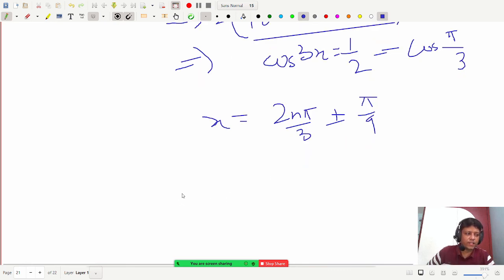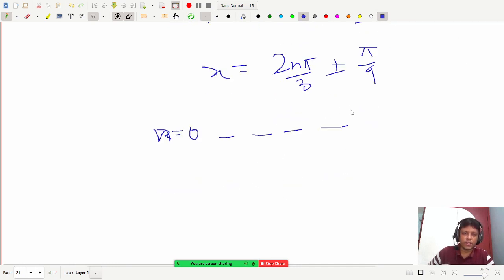And you can consider n equal to 0, n equal to 1, etc. You can consider this and take the sum, and you will find the answer. The sum will be 13 pi by 9. So k will be 13.